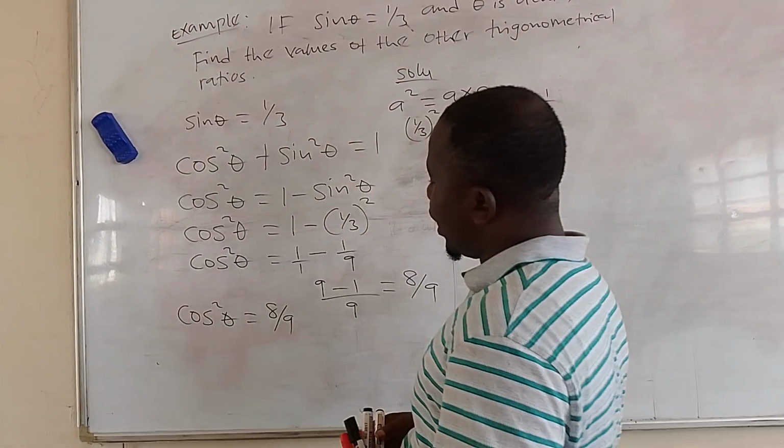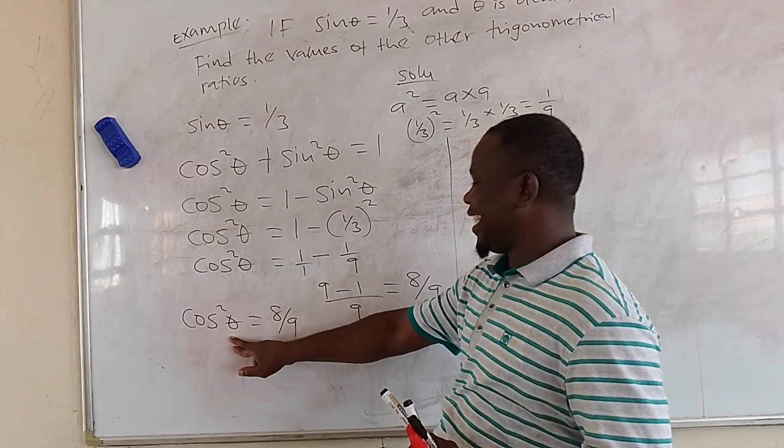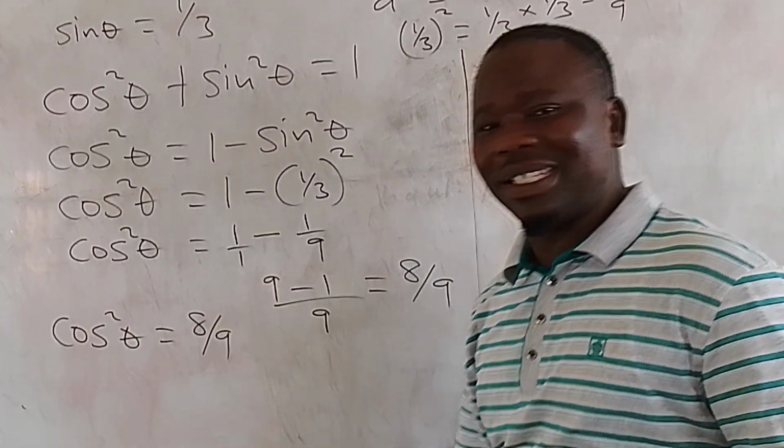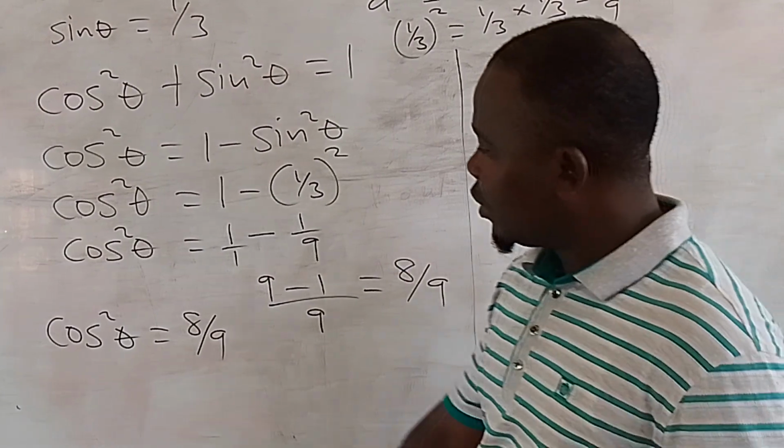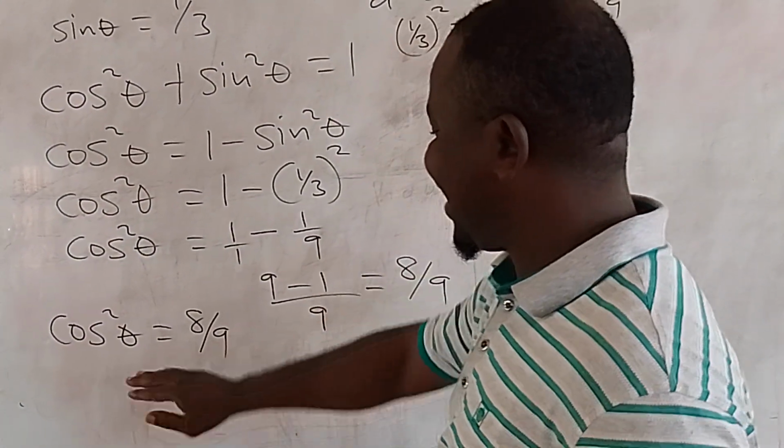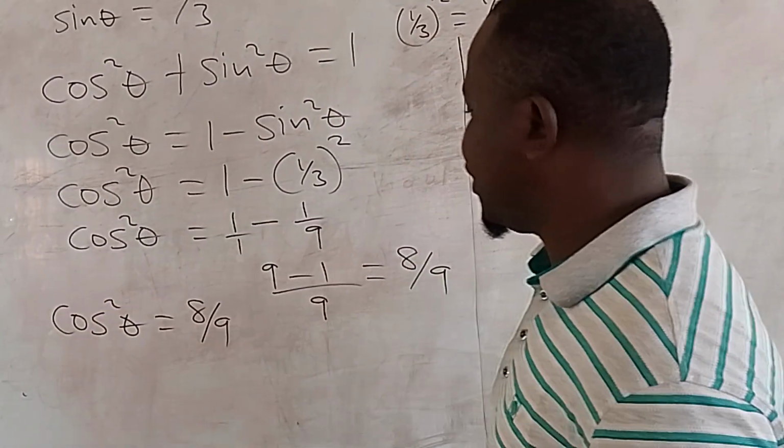Now, we are not looking for cos square theta, but we are looking for cos theta. So how can we obtain our cos theta? It is for us to take the square root of both sides.